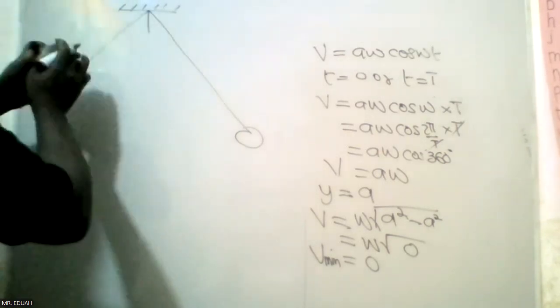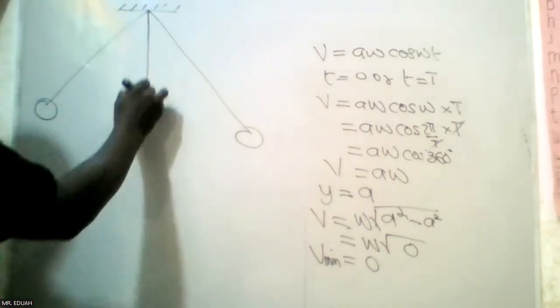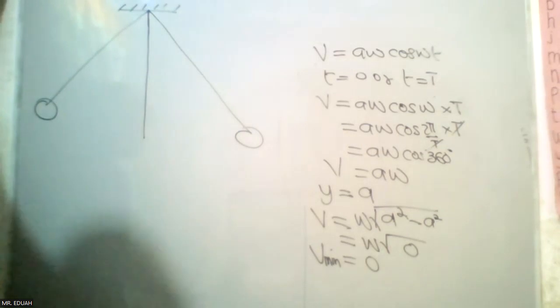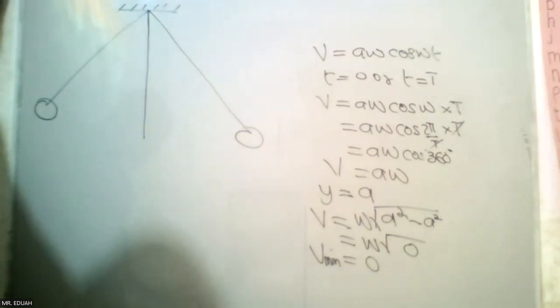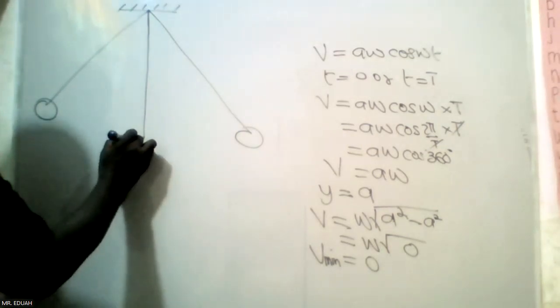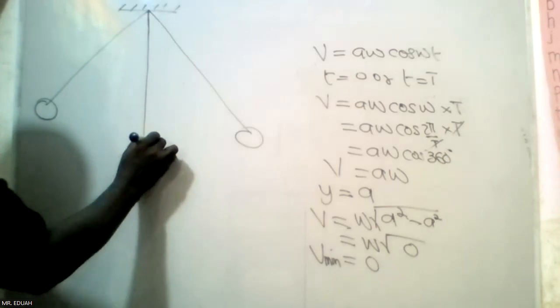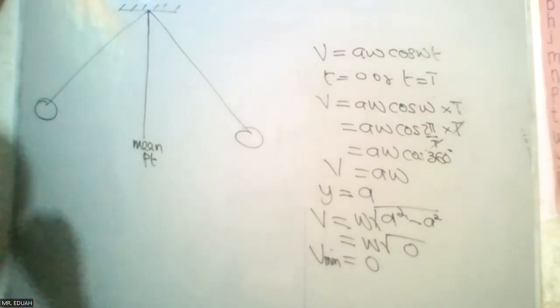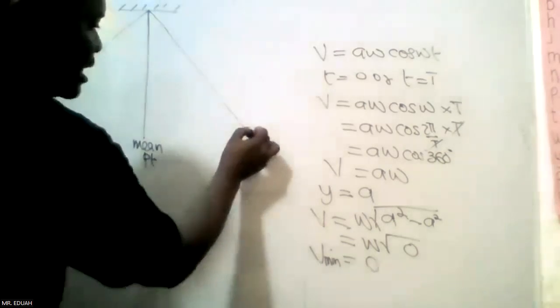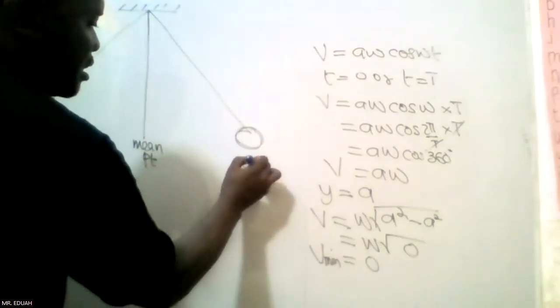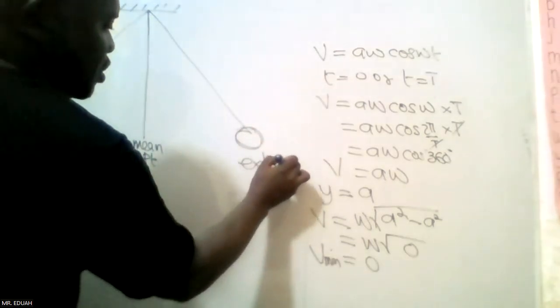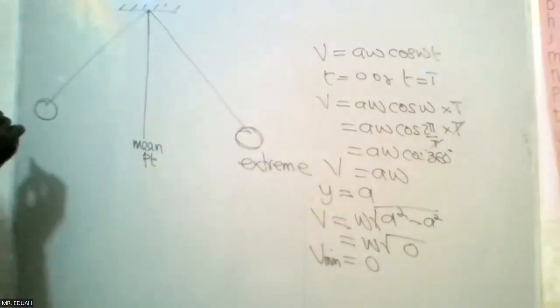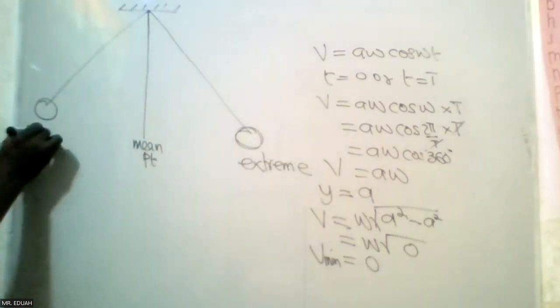Let me draw a better mean point. These are the two extremes. So one extreme, we have another extreme.